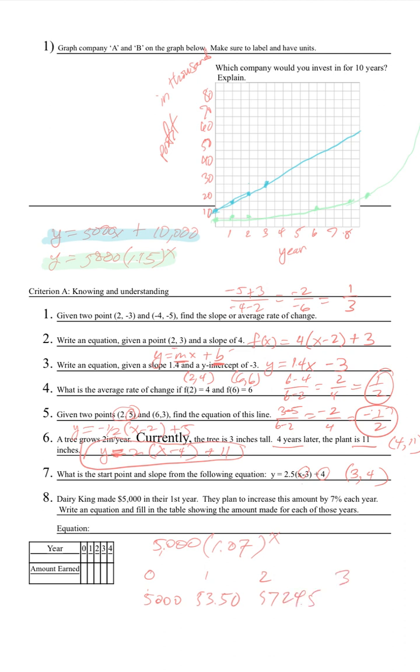At 3, times 1.07 is 6125.2. And then at 4, it is times 1.07. It's 6553.9 approximately. There are other decimals behind it, but that's it.